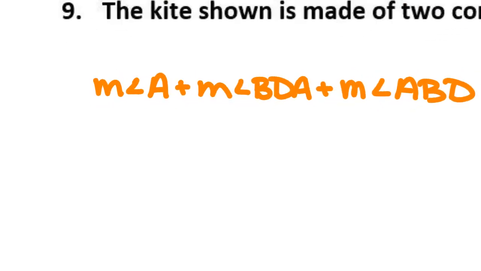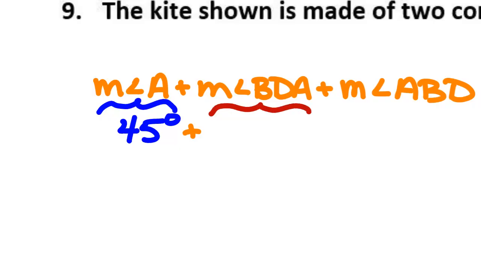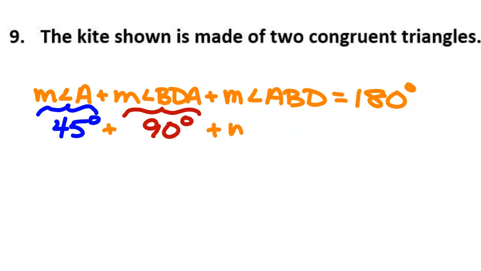In the place of angle A, we're going to put 45 degrees. In the place of BDA, we're going to put 90 degrees. Plus the measurement of angle ABD equals 180.